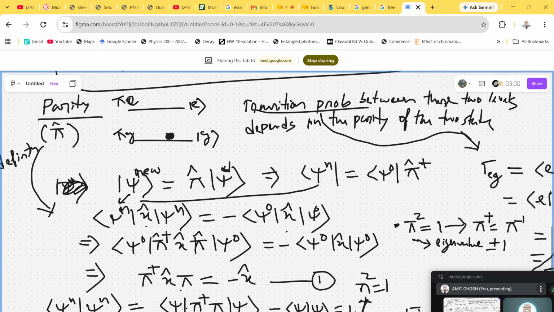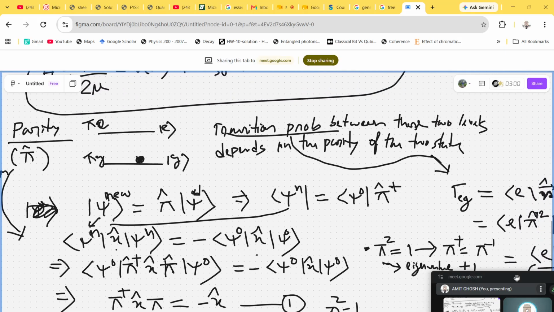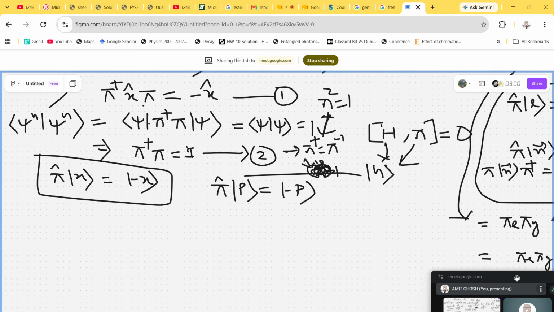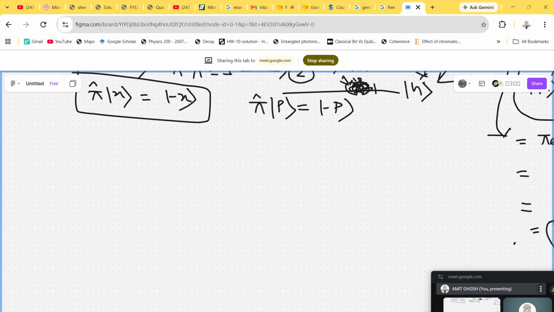So I think this is all you need as a starting point for this two-level atom. Now I'll do some simple math. These are all formulas, nothing physics is there.